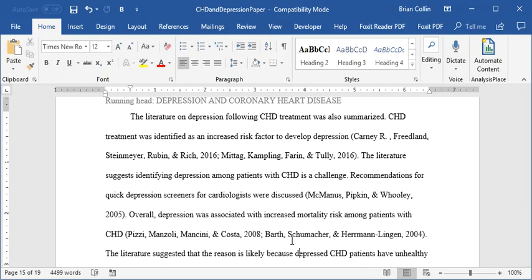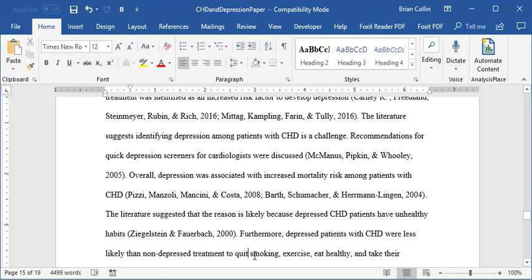So obviously heart disease lowers your life expectancy, but people with depression who have heart disease have an even lower life expectancy than people with just heart disease. And the research suggests, so I go into even more detail, the reason they have a lower life expectancy is because they have unhealthy habits. You're probably thinking, well, what are those unhealthy habits?